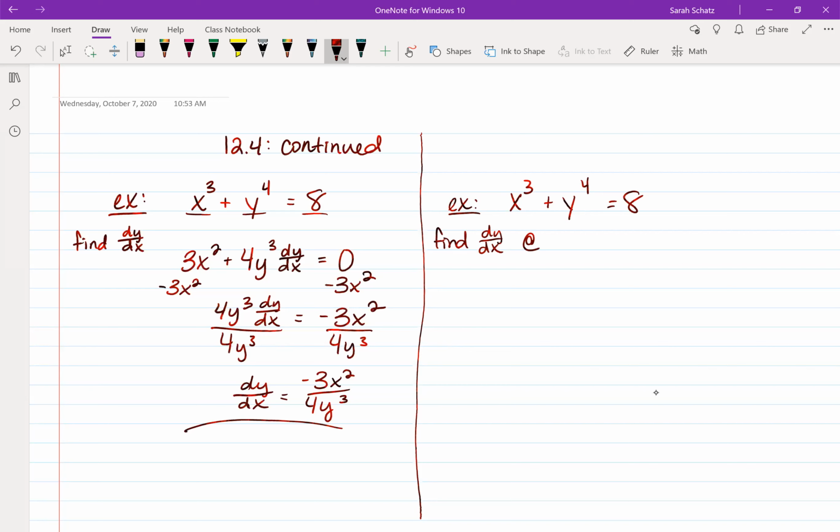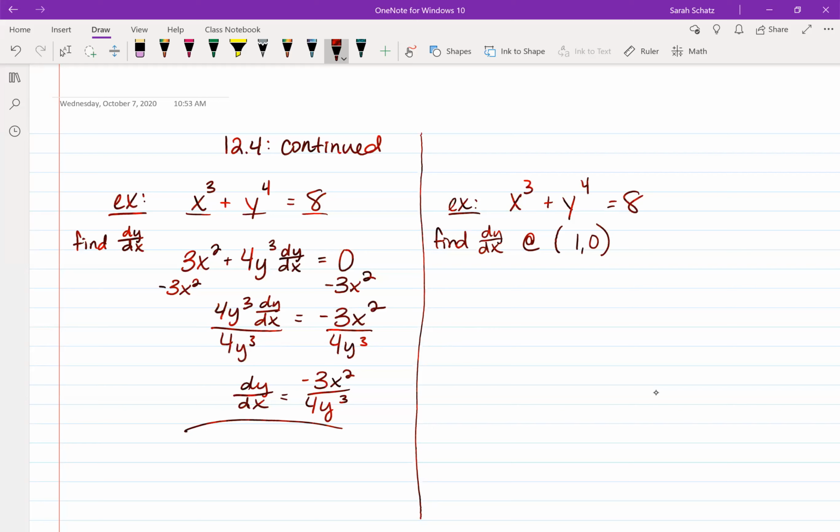And we did that with the regular differentiation. So you're going to see "find dy dx at," and then it's going to give you a point. Let's use 1, 0.